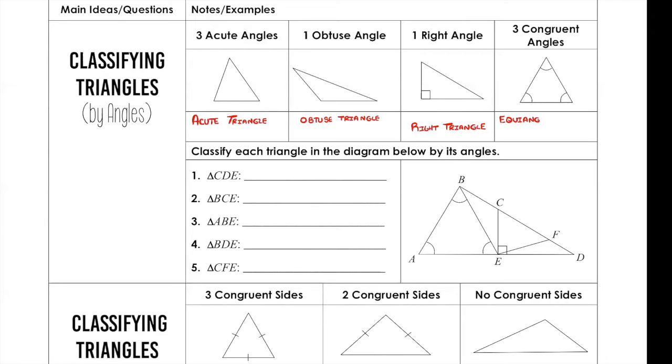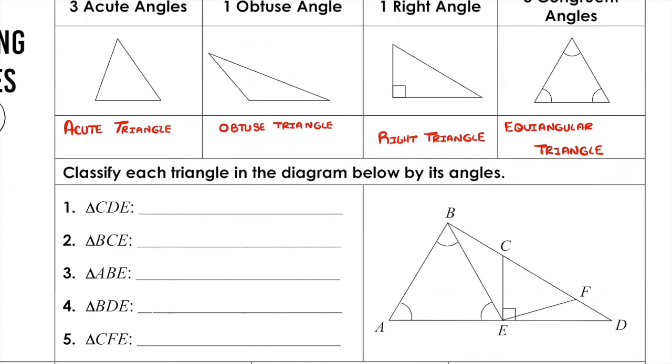Equiangular. Equiangular triangle. That's a right triangle. Okay.